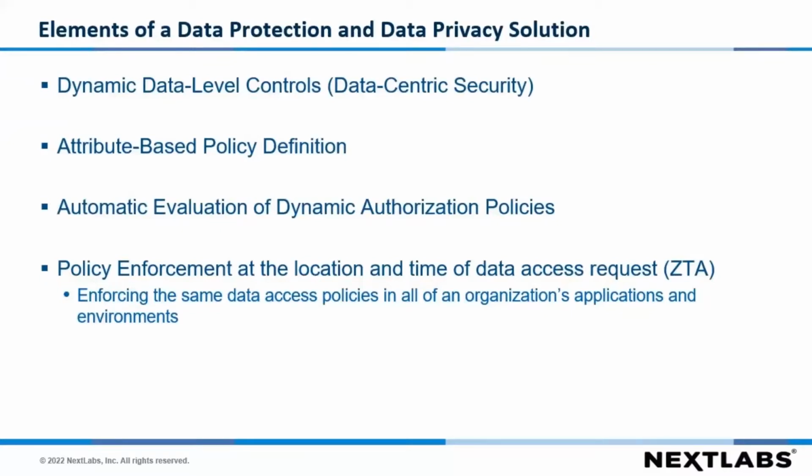Automatically evaluating those policies so that there aren't manual steps where there's both a chance for human error as well as a manual process is not scalable. And then finally, implementing the principle of zero trust architecture of enforcing policies at the location and time of data access request. So that if there are changes in attributes, of both the data or the user, those are reflected in the real-time enforcement.